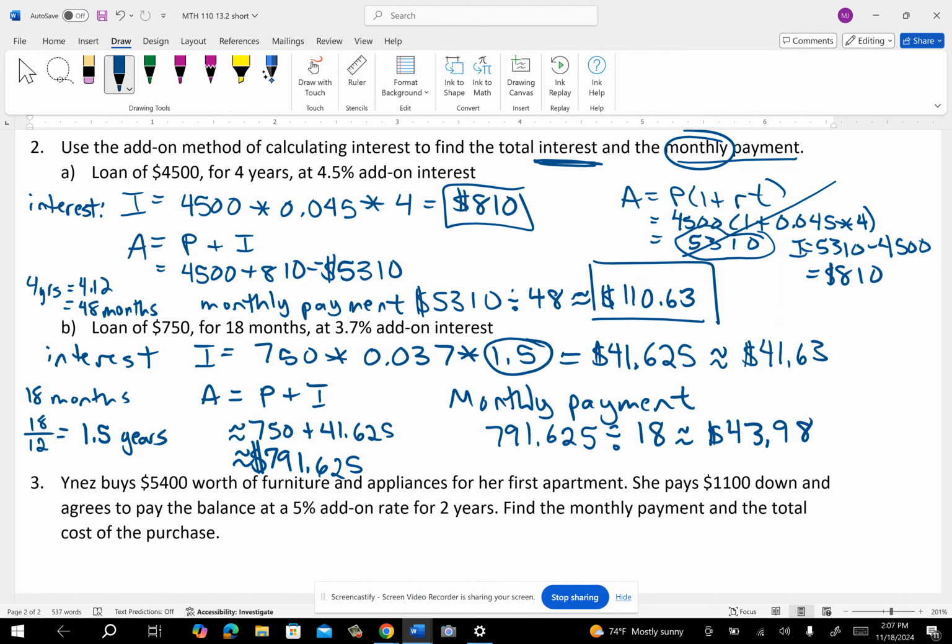Okay. All right, now they typically are going to want answers though rounded to the nearest hundredth. So when they ask me for the interest, I would put in $41.63 for the interest. And then this would be what I would have to pay each month. That would be my monthly payment. And that would be to pay off the $750 I borrowed plus the added interest that I owe.